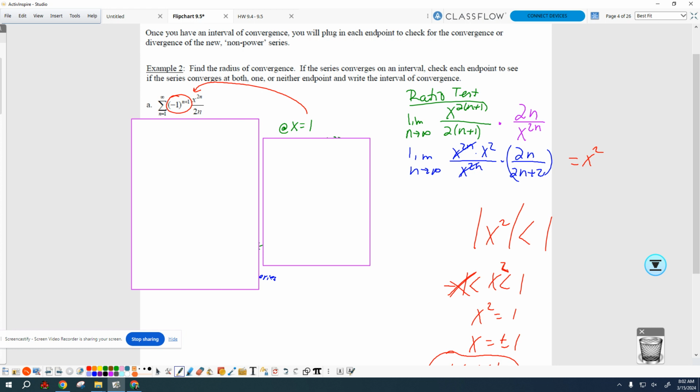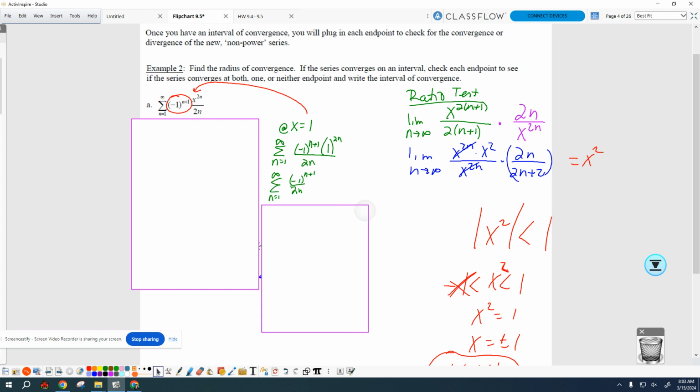If it was just a string of numbers, would it have converged? So let's look at it. Instead of the x to the 2n, it's now 1 to the 2n. And looking at that string of numbers that results, cleaning things up, -1 to the n plus 1 over 2n. Does that converge or diverge?